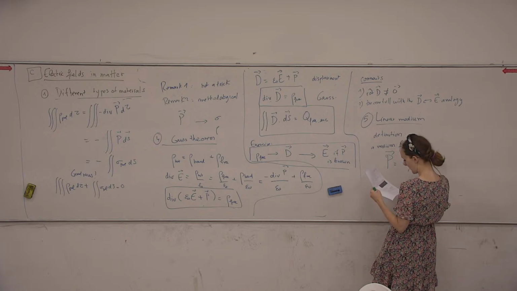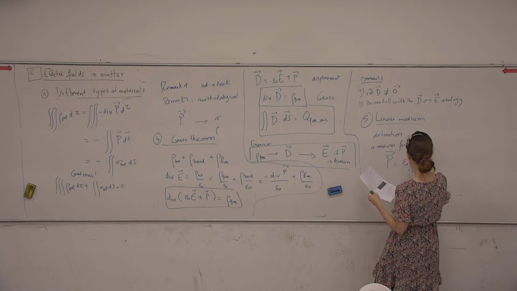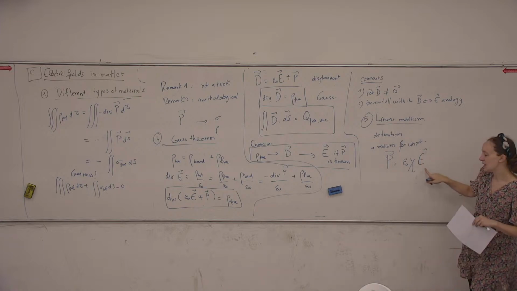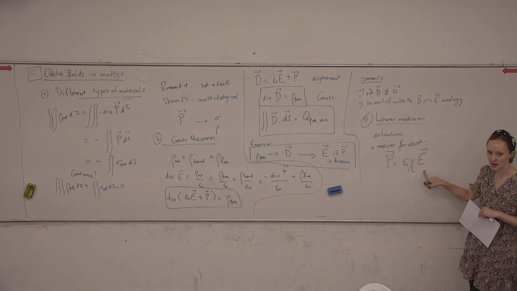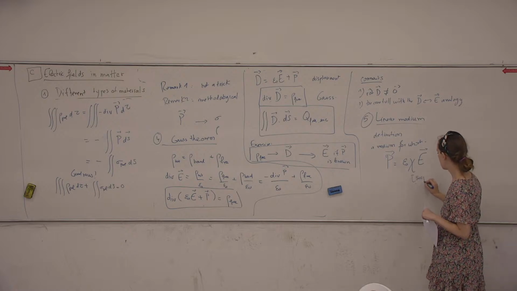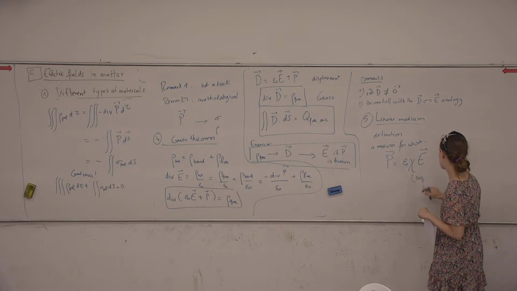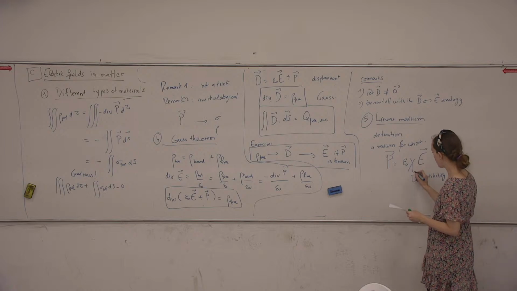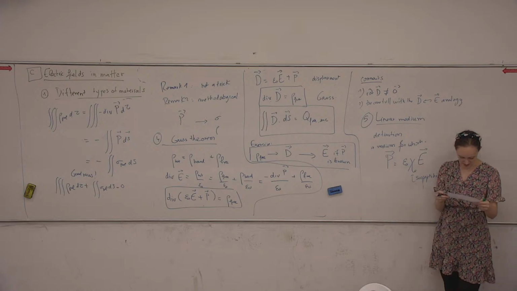This you might have seen in previous lecture, in previous courses, okay? The polarization and the field E are proportional, and this is what we call the susceptibility. Susceptibility. Sometimes, okay?